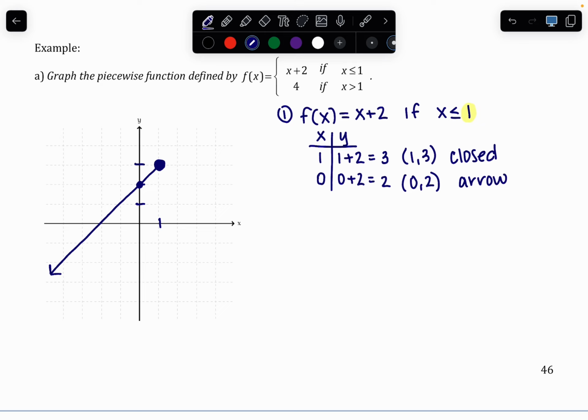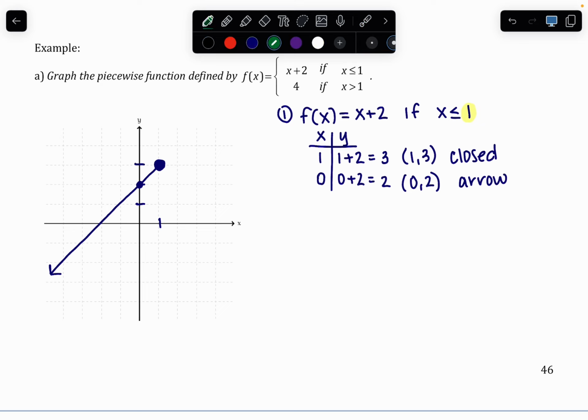On your homework, you're just going to keep clicking this second dot until it turns into an arrow, and then it will extend on. So how do we know if it's an arrow? Because we only have one number. When you only have one number, you're going to have an arrow going whichever direction. Good question. Student: How would you know if it would be open or closed instead of an arrow? Hold that thought. We'll see it on the next page.